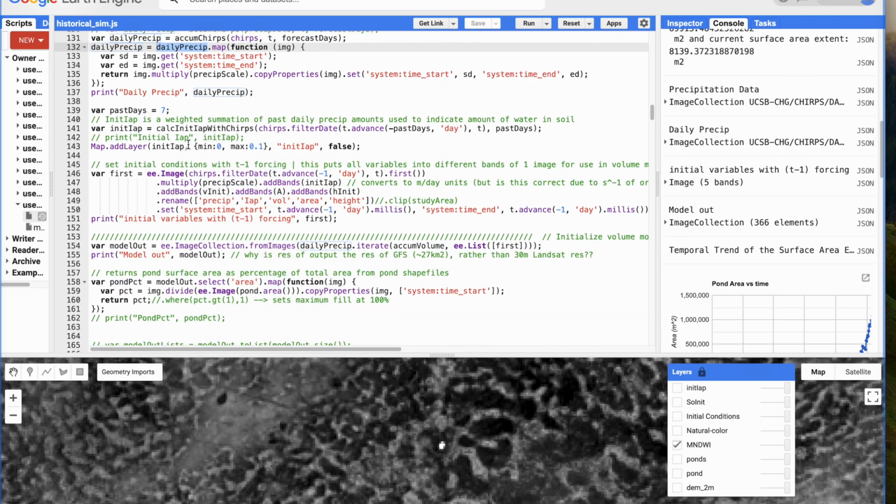Okay, and then over here, the init IAP is the weighted summation of the past daily precipitation amounts used to indicate the amount of water in the soil. So the soil moisture component is calculated over here, starting with the CHIRPS. This sort of goes back 7 days in time and sees what the initial soil condition, or initial amount of water in the soil, is.